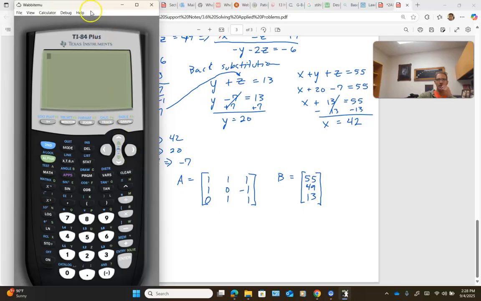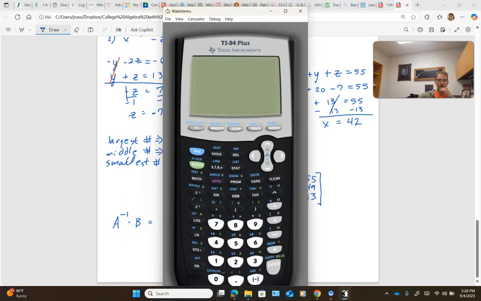And now I just need to tell my calculator to perform this operation right here. So I go back to the matrix screen, but I don't go to edit, I just select matrix A. I hit this inverse key, and I can say times, go back to the matrix screen, go down to number 2, and grab B. Okay, hit enter, and look at what we got.